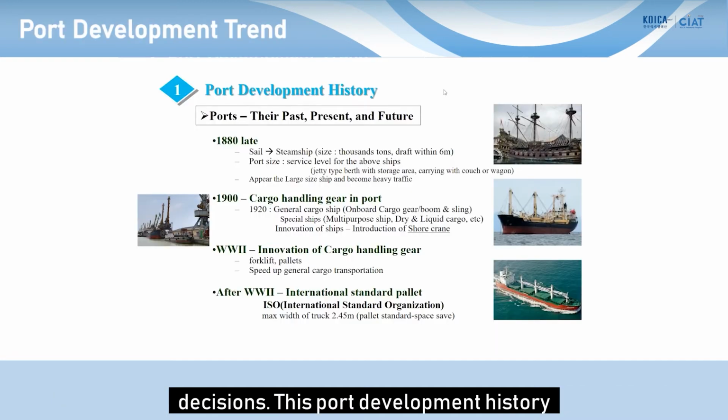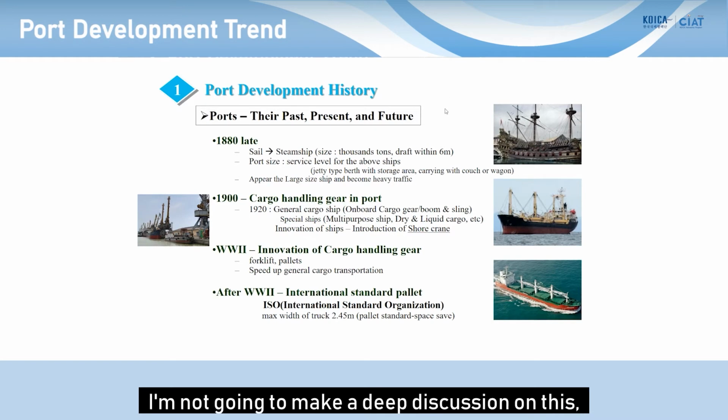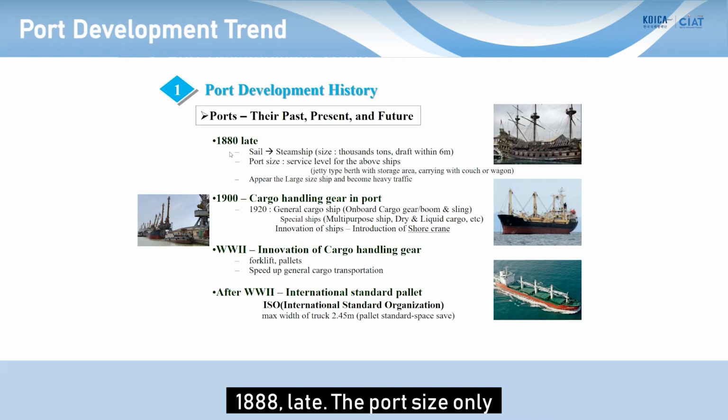This is port development history. I'm not going to make a deep discussion on this. However, the port past, present, and future starts with the sail steamship in the early days, the late 1880s. The port size was small, only serving small ships.